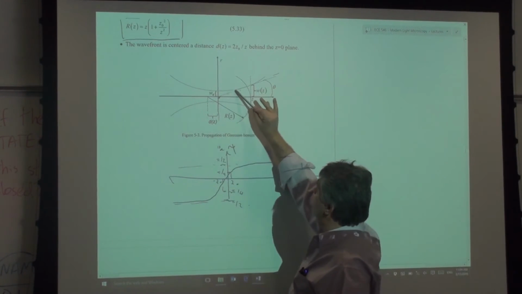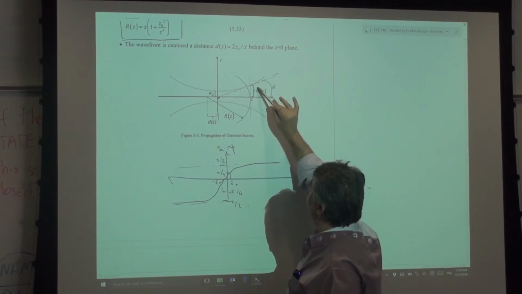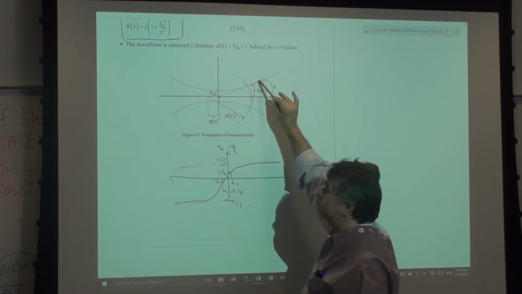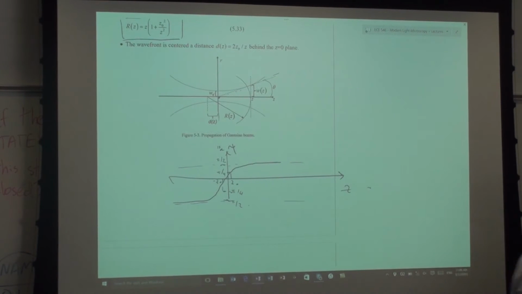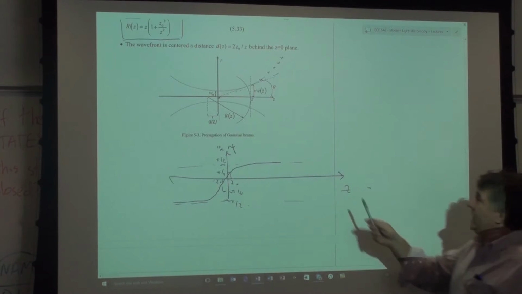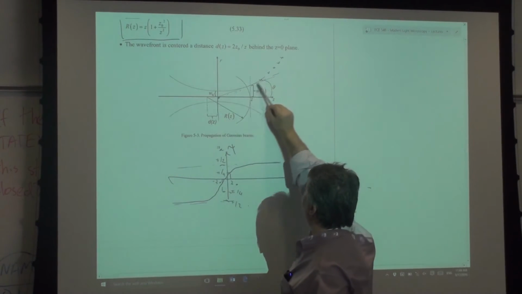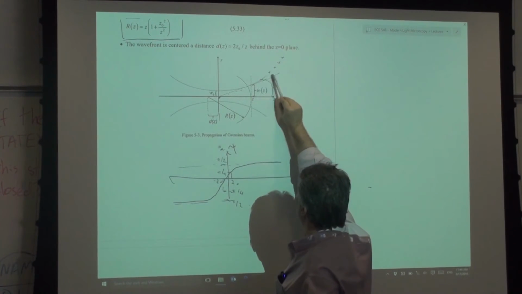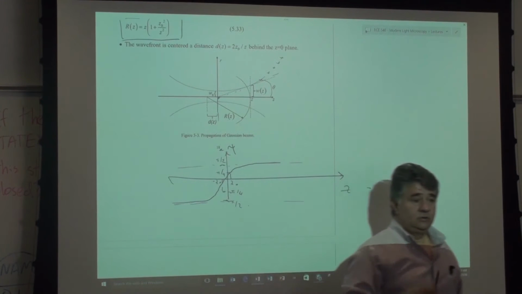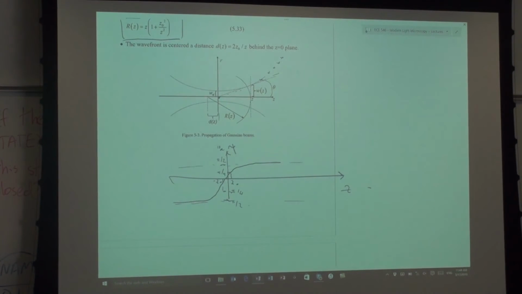Imagine this being the locus of the beam waist. That's what this curve means. So I'm plotting the width of the Gaussian. If you draw a tangent from the center of the focus to that curve, you will get an angle. That is what we call a diffraction angle.